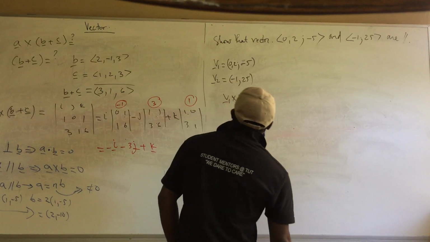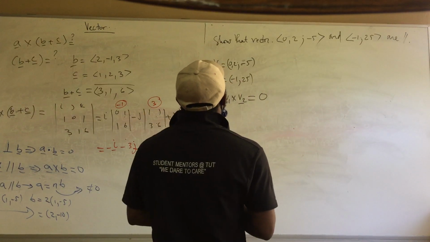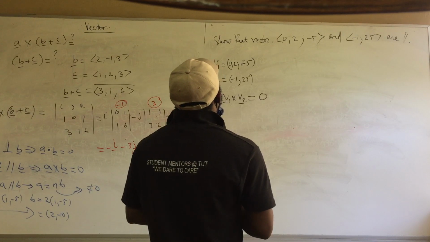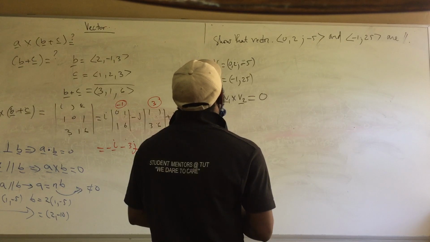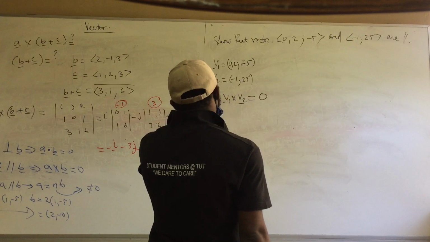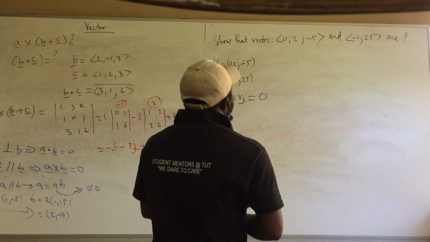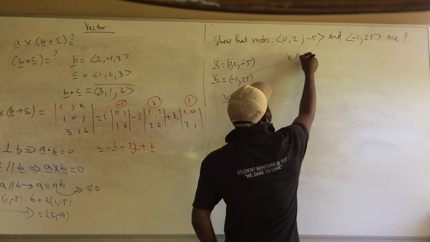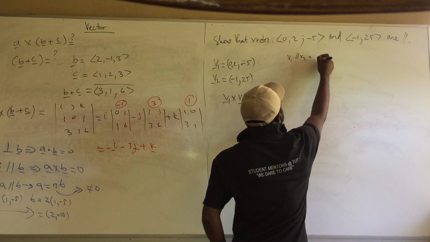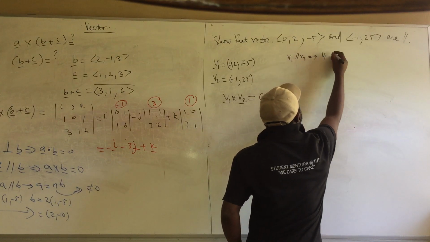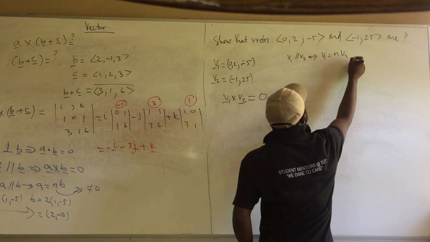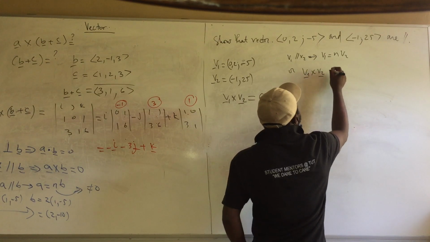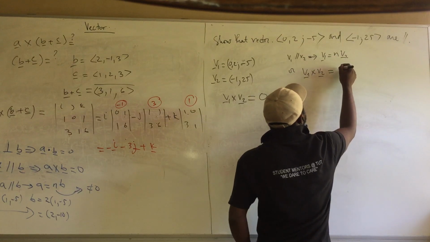Remember this. We say V1 is parallel to V2 even if V1 is equal to n V2 or V1 cross V2 is equal to 0.